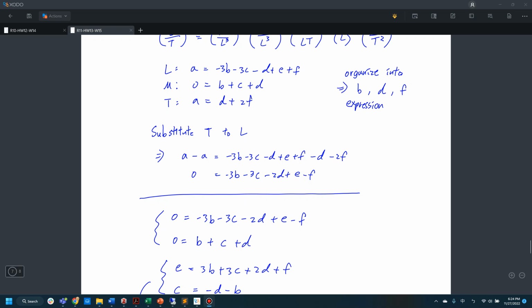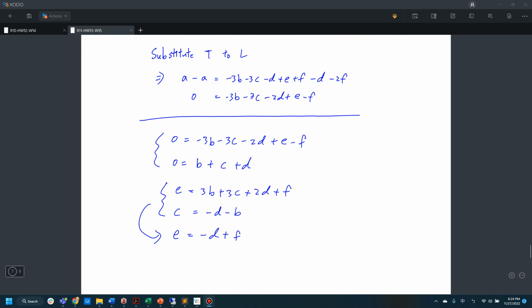Keeping this new equation and the original equation for mass, we want to further build up the expressions for E and C using these two equations. First you isolate E from the first equation, and you isolate C using the second equation, and rewrite this down here.